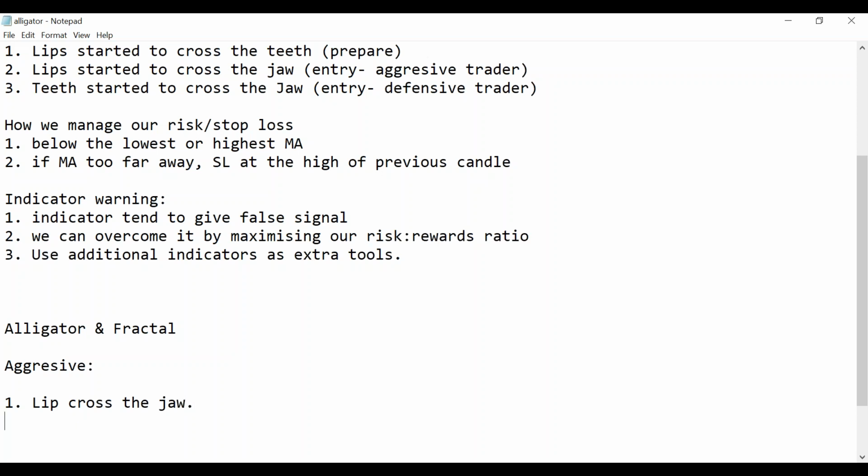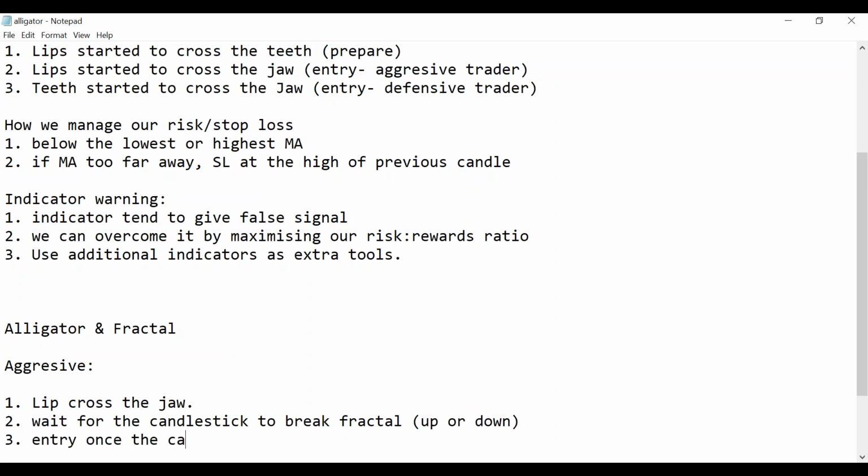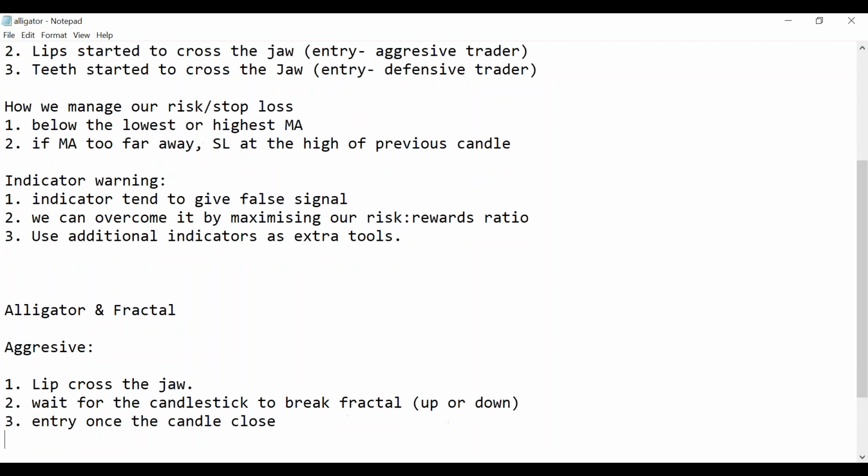And then wait for the candlestick to break the fractal, up or down, either one. Entry once the candle closes.